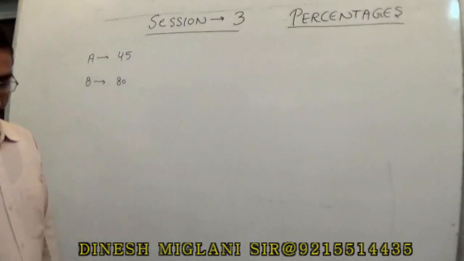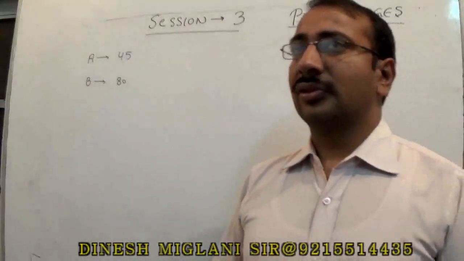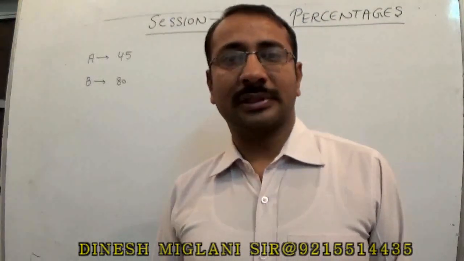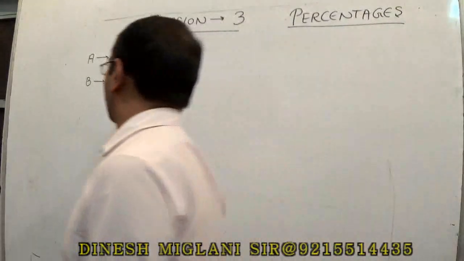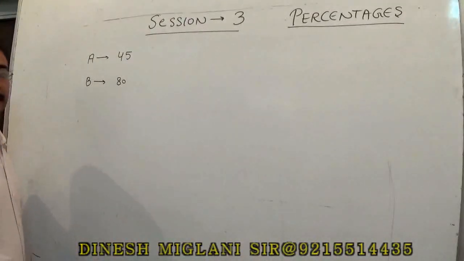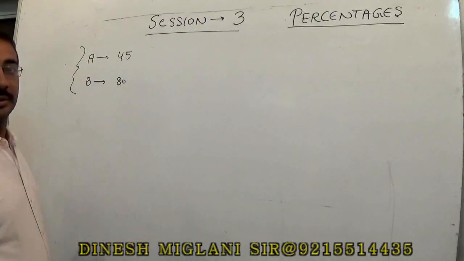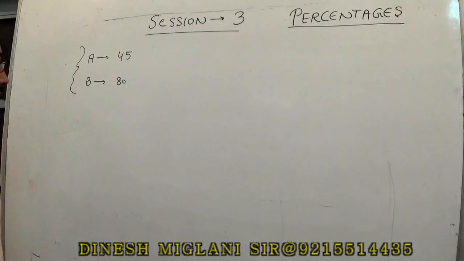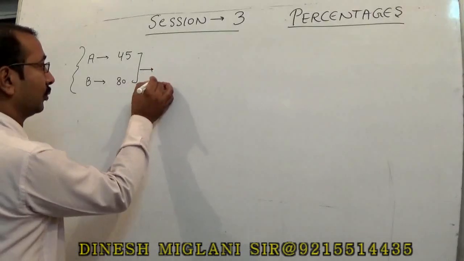You probably first saw percentage in marks. Now if we have to comment on which of these two persons is better, our obvious answer is B. Why B? Because B is getting 80 marks and A is getting 45 marks. So we can say out of these two persons, B seems to be better.